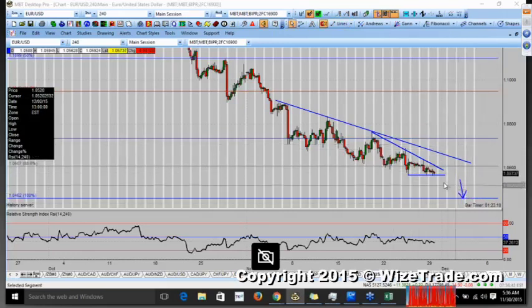So eventually, we should move lower. Now the question is, are we going to do it now, or are we going to break back up towards 106.50, let's say, before rolling over? That's what I'm wondering.